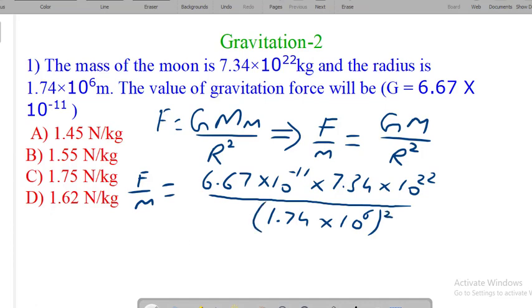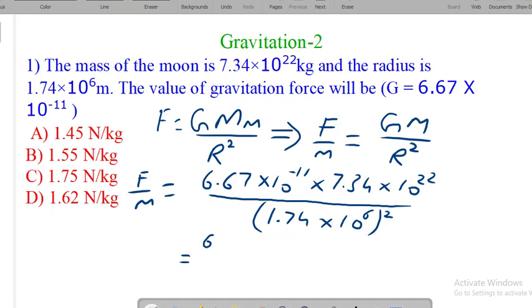Now we need some tricks. See 1.74, if we take the square root of 3 we get something like 1.73, so we can round this. So if you take the square of 1.74 you surely get something around 3, and then we can just multiply these two numbers. Or if you don't want to multiply, we can also simplify this.